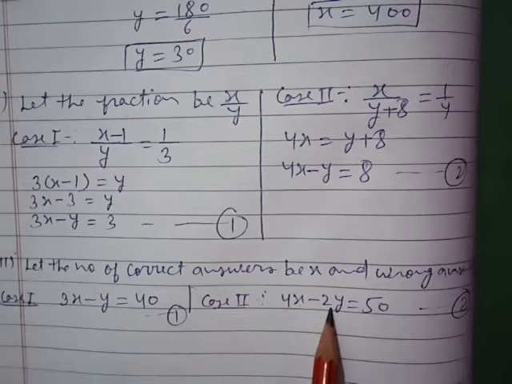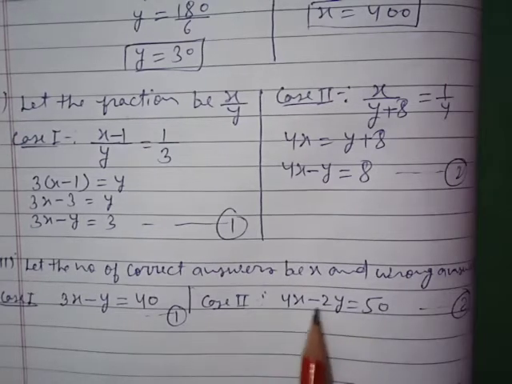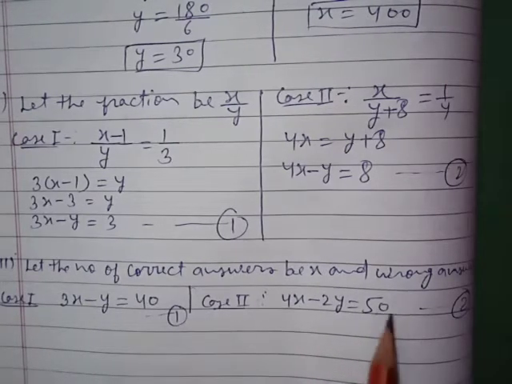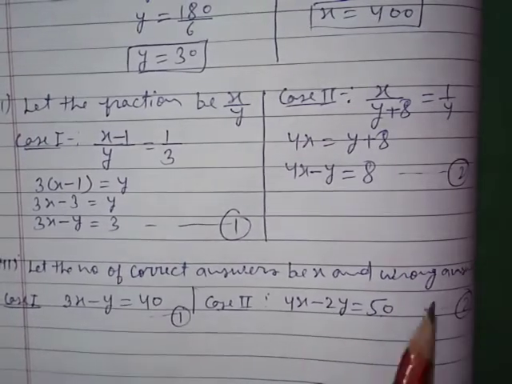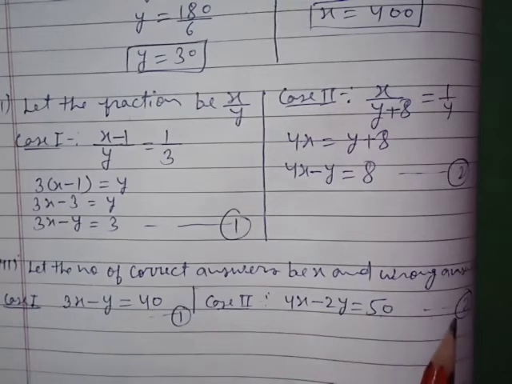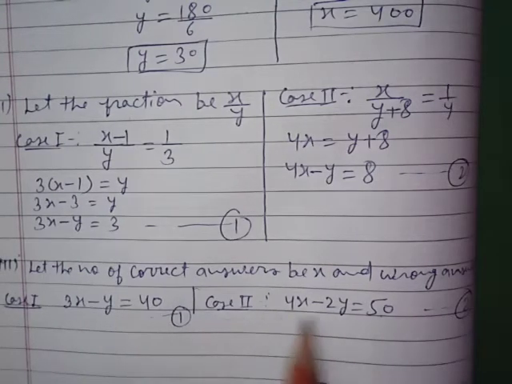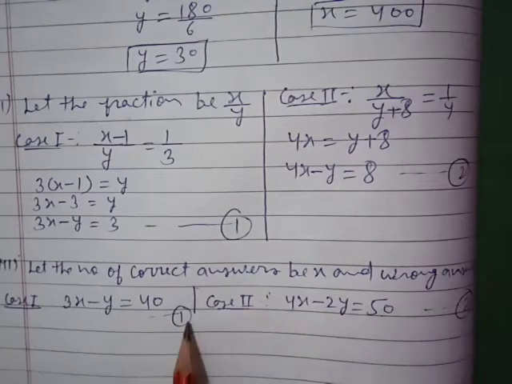He scored 50 marks, so 4x minus 2y equal to 50. This is equation 2. 3x minus y equal to 40 is equation 1 and 4x minus 2y equal to 50 is equation 2. You have to solve these equations by the elimination method.